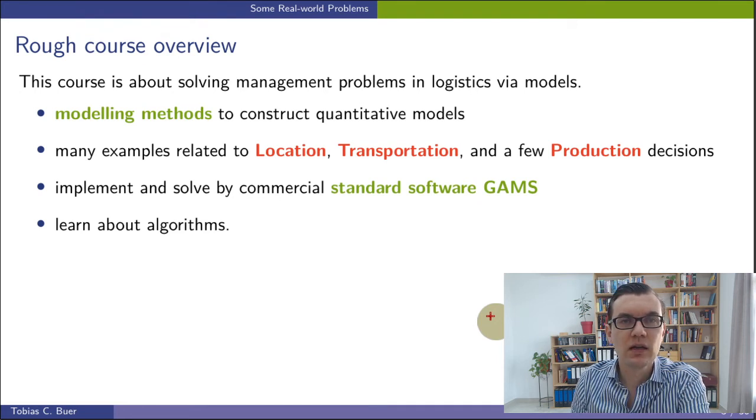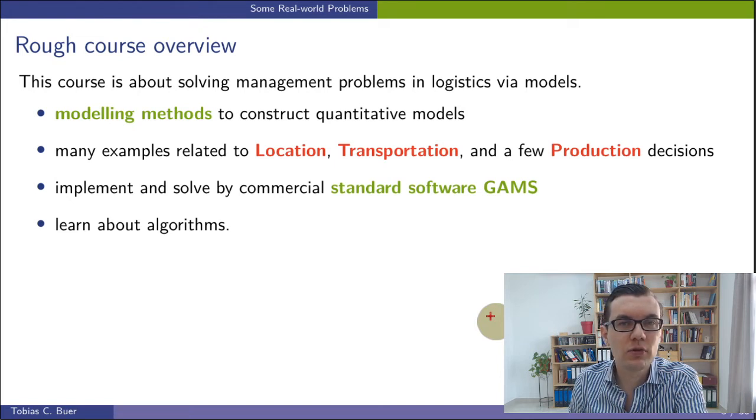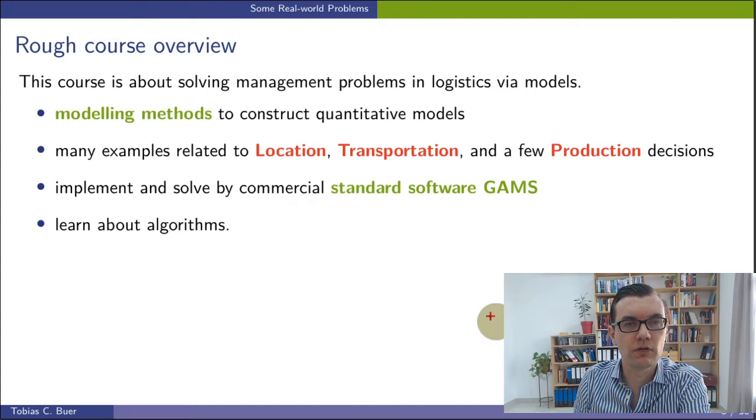It is not a pure academic software that is only used at universities and not in the real world, but it's also not a software designed for laymen, for uneducated users. It will be a little bit more complicated to understand and to apply this software because you really need to be an expert to use it. And one of the goals in this course is that you become an expert in using this software.